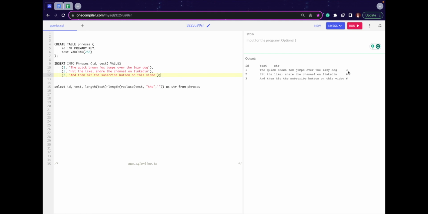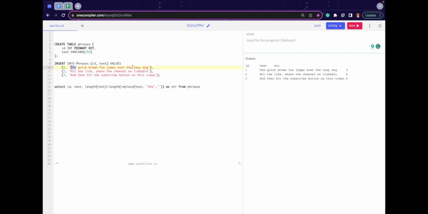It's giving us a wrong answer and it's giving a pattern. If you see here, the word "the" is replaced by nothing, so three characters are missing for the word "the". This "The" is not getting counted because there's a capital T-H-E, and there's a small t-h-e.